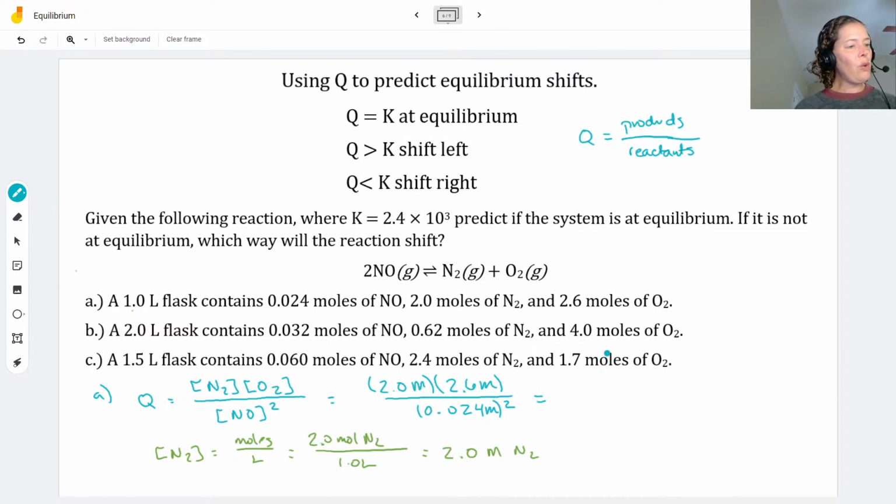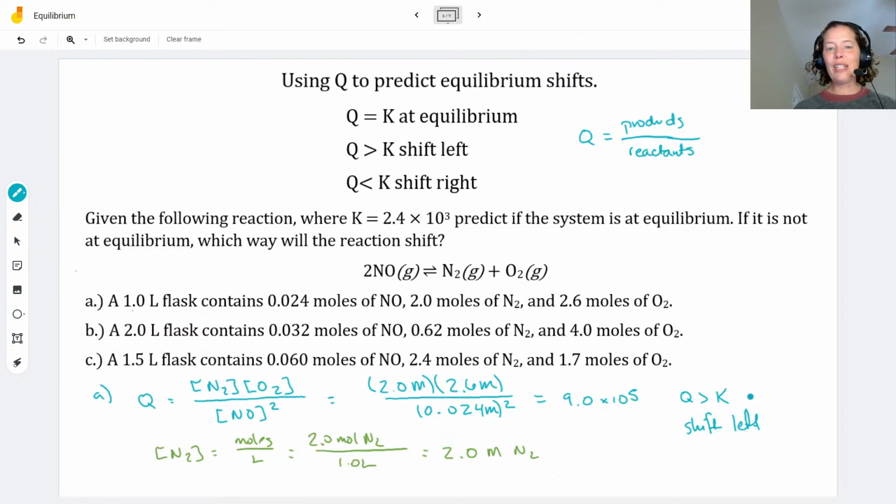Okay, so when I do this calculation, I get a Q of 9.0 times 10 to the 5th. So this means that Q is greater than K. So if Q is greater than K, then I am going to shift left, or you can think of it as shifting towards the reactants.